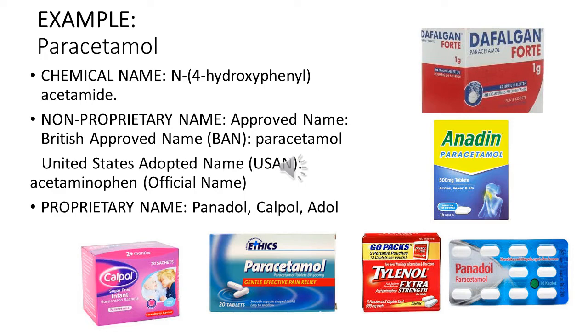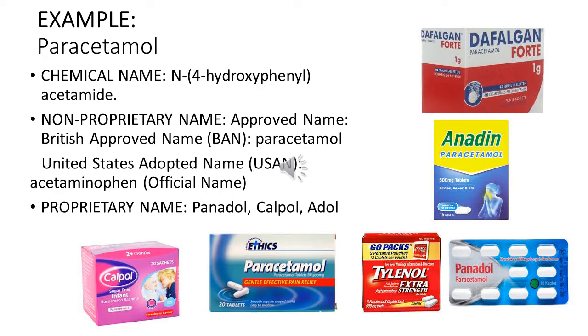While the non-proprietary name in the British pharmacopoeia, or the British approved name, is paracetamol. British companies use the name paracetamol. While in the United States the adopted name in the US pharmacopoeia is acetaminophen. So American companies use this name.